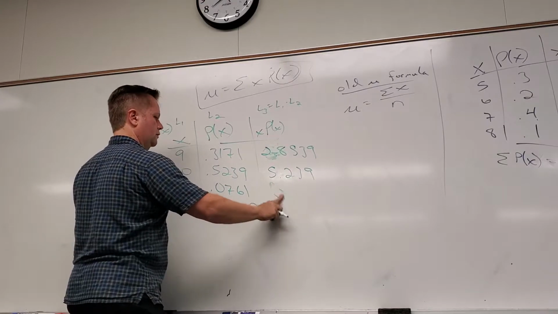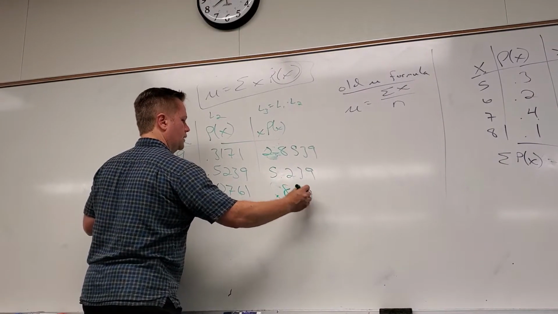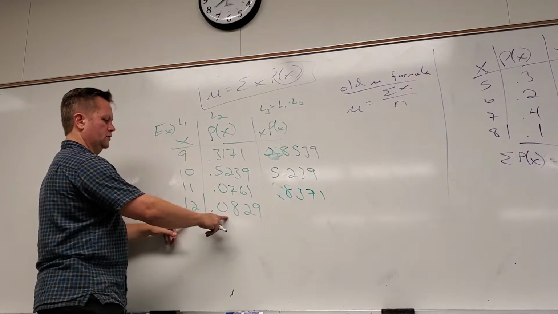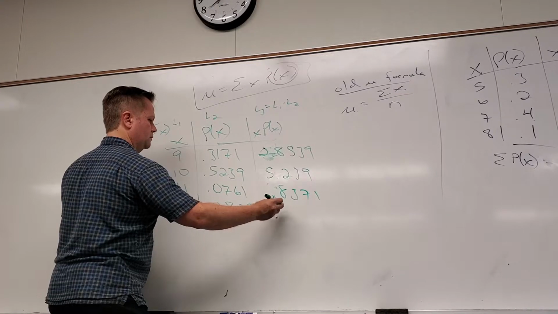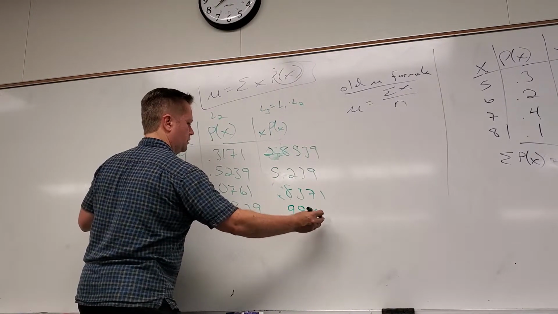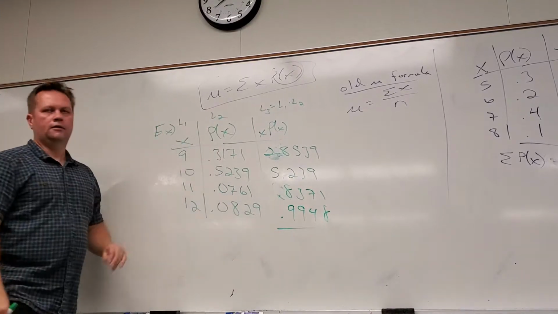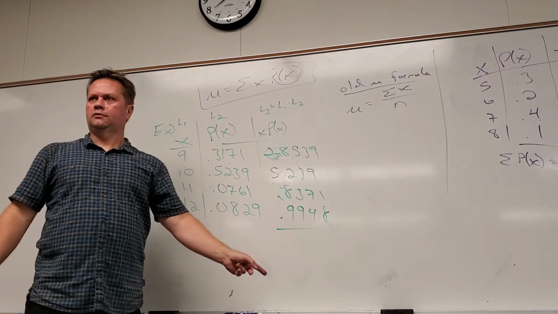Oh yeah, 0.8, thank you. 0.8371. And then this one is 0.98 something, maybe? 994. Thank you. And then how do you get the mean? Just add those up. You guys with me?